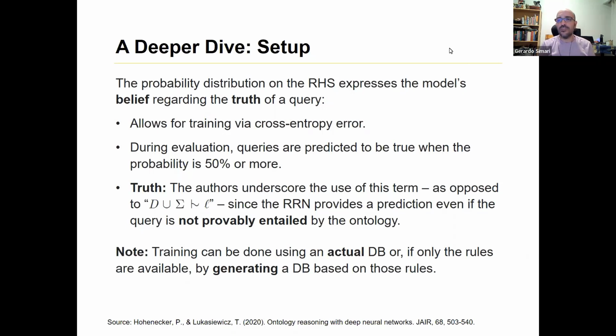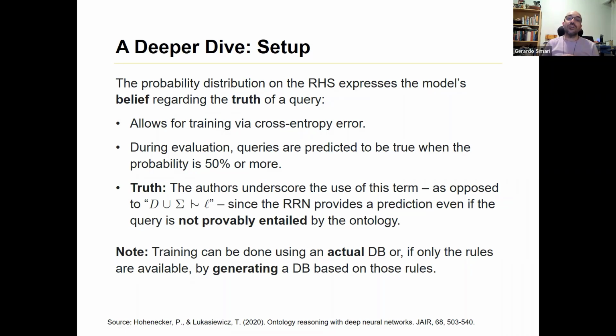Another thing that the authors go out of their way to specify is that they use the term truth specifically, instead of saying I want to know if the entailment relation holds, since the neural network will provide a prediction even if the query is not provably entailed by the ontology.